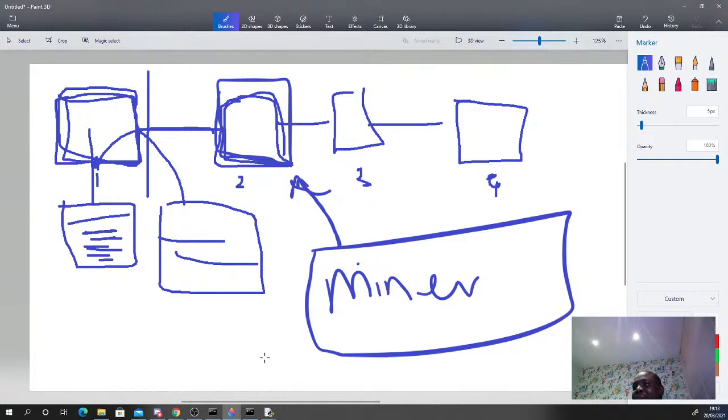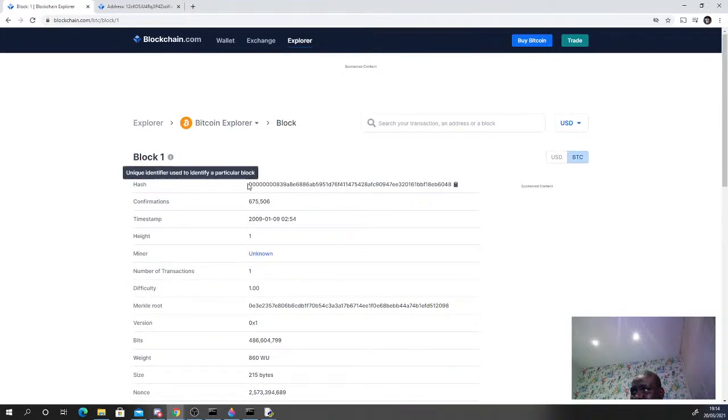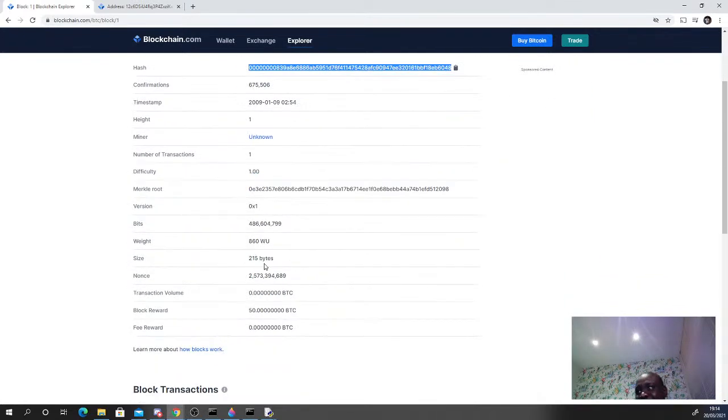If you can find this nonce value that you add all together and create a block that has 0, 0, 0, 0 at the start, it's more like a game to these people. It's not really very technical stuff. And if you can find the value, you create the block and you get awarded that amount of Bitcoin.